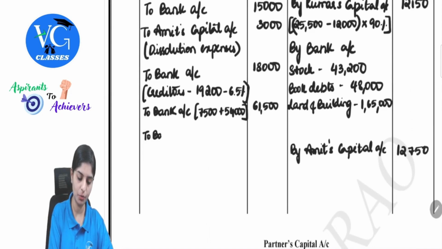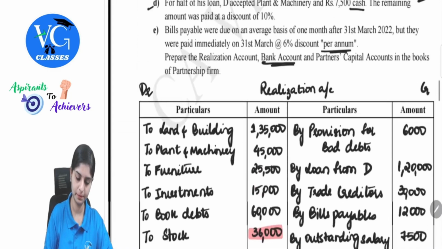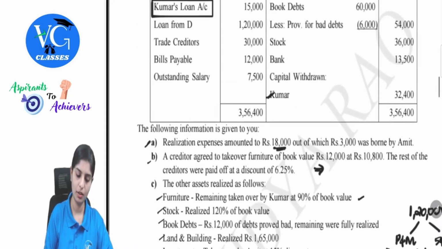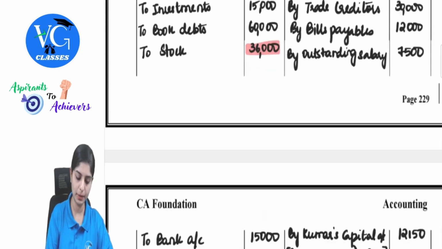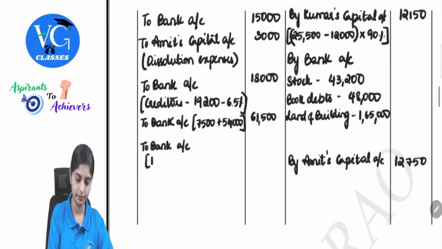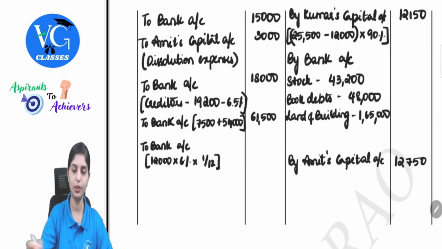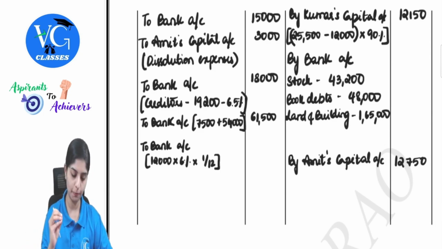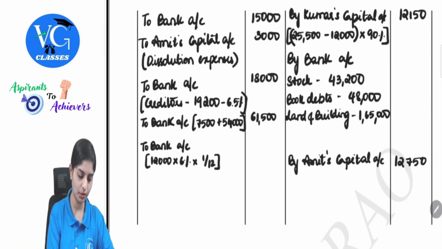To bank account. 12,000 into 6% into 1. Bills payable is settled for 1 month's discount.